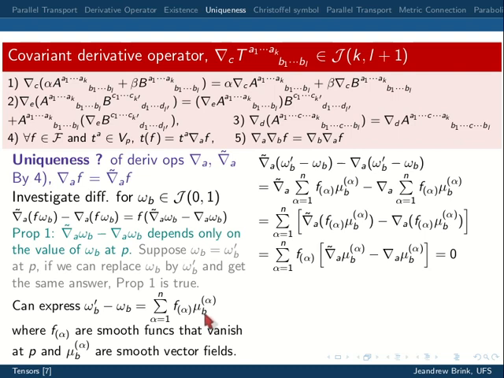And then I simply apply these two different operators to the difference, and I write down the way I've expressed the difference. Okay, and I switch the order of summation with the derivative operator.